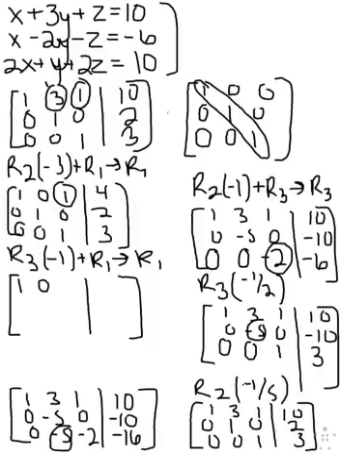And negative 1 times 1 is negative 1, plus 1 is 0. And 3 times negative 1 is negative 3, plus 4 is 1. So I'll just fill them in once again.